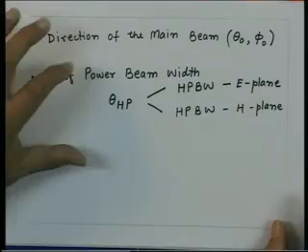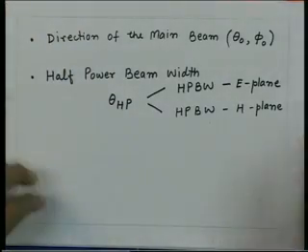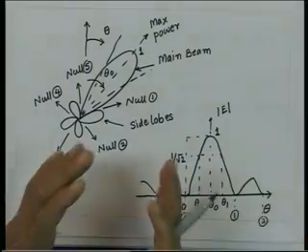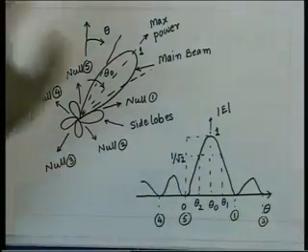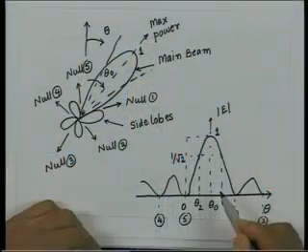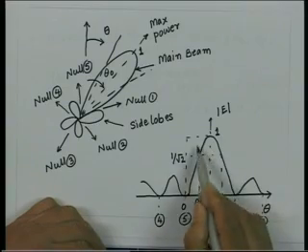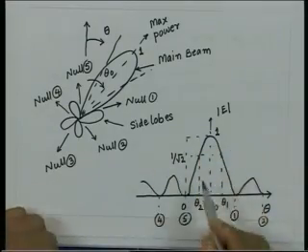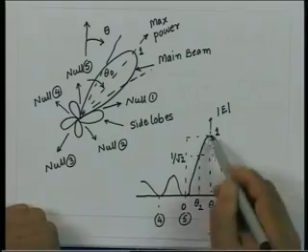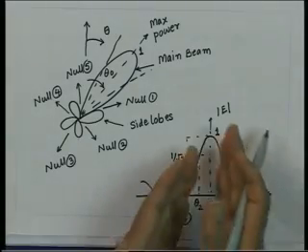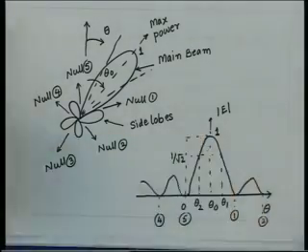This is a very important parameter, because what this tells me is the effective angular zone in which the power will be radiated by the antenna. Later on we will see that we essentially make an approximation that within this region the field is practically constant, though there is a variation of 1 over root 2, and that beyond this the field suddenly dies down to 0.